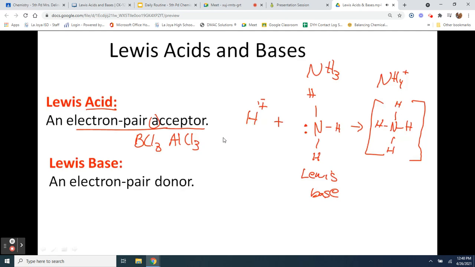H plus acts as the Lewis acid because it's accepting the electron pair. So this one is donating an electron pair, so it's a Lewis base, and this H plus is accepting the electron pair, and so it's a Lewis acid.